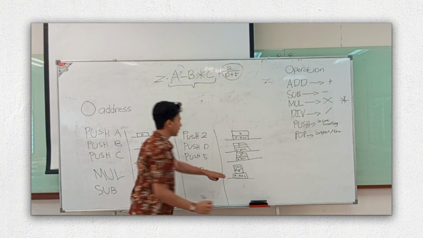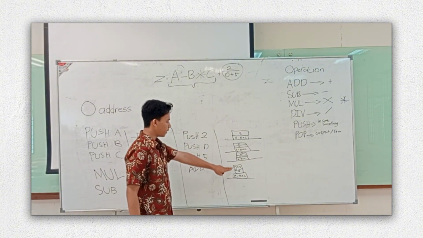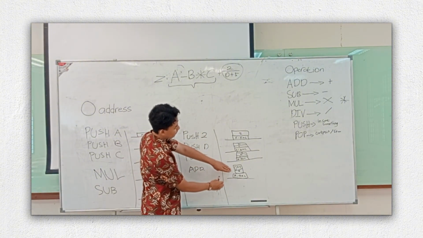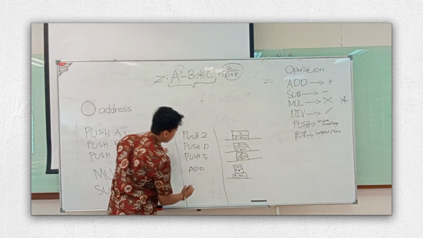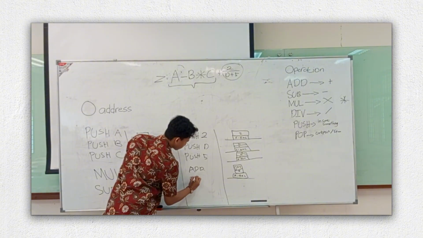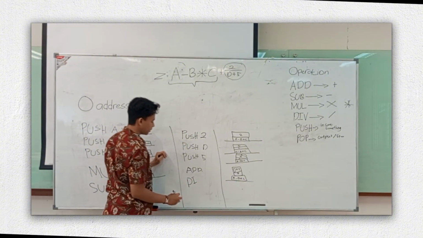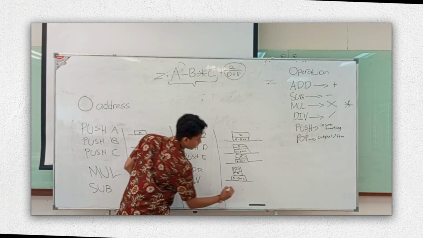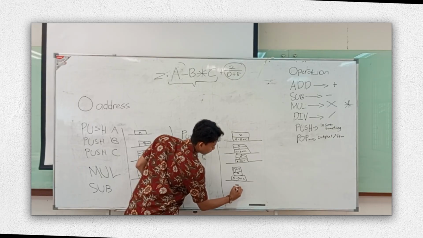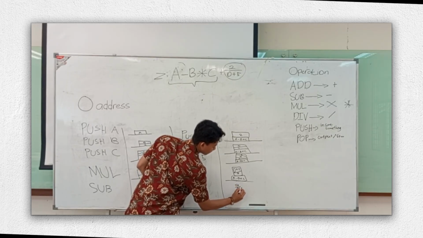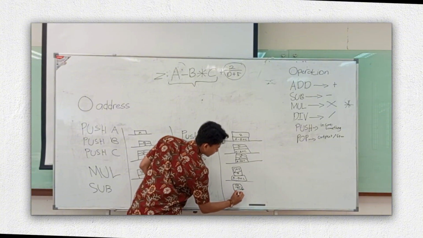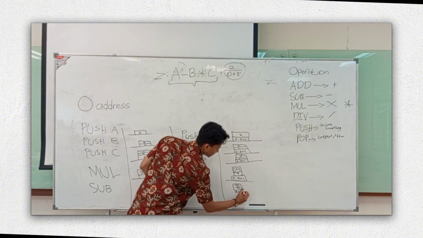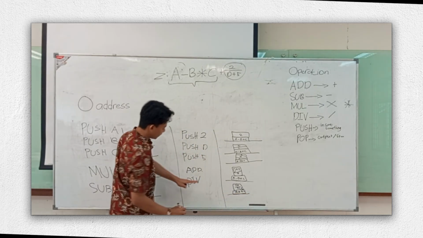In one stack is where we're going to divide the 2 by the D plus 5. So we're going to put div, in which it is going to be 2 over D plus 5 and A minus B times C for these operations.